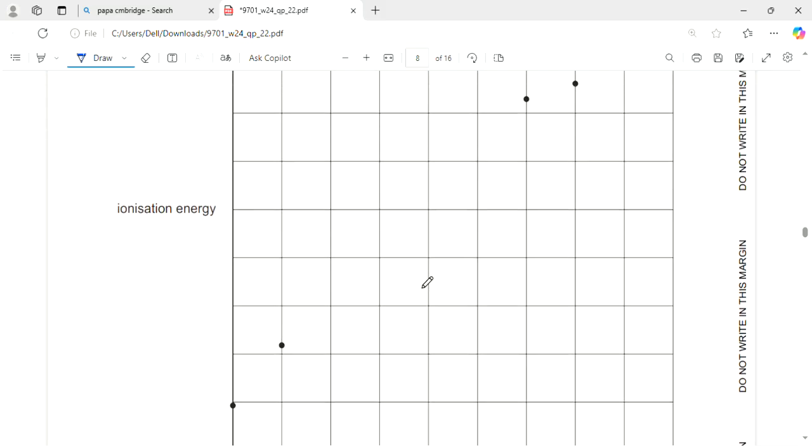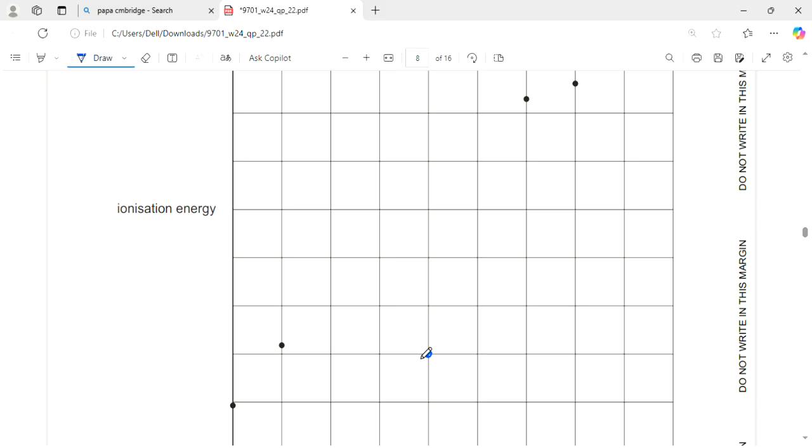You must clearly show which group phosphorus belongs to. Phosphorus belongs to group 5.